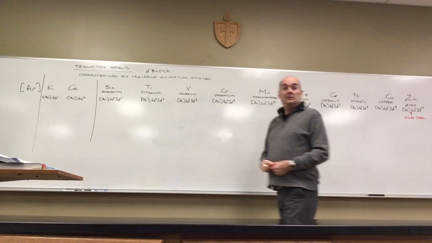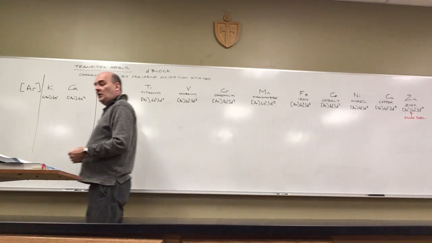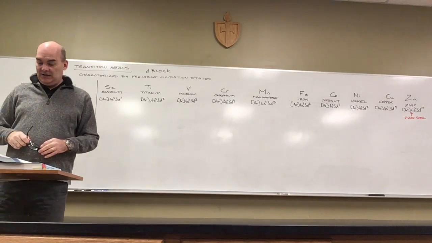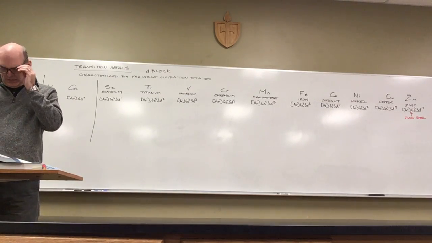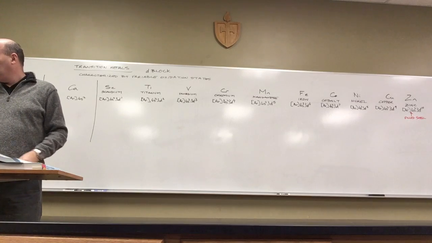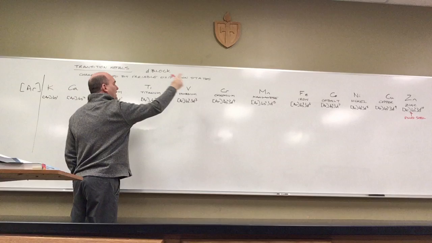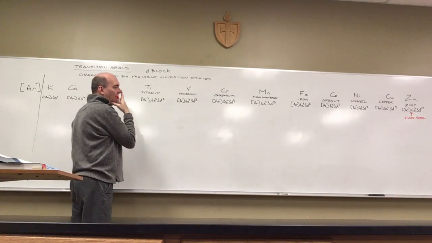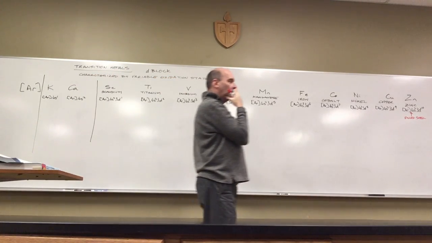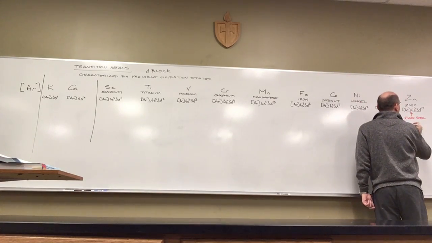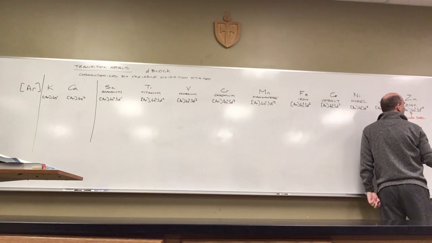Zinc has a filled shell. Because it has a filled shell, it is not going to play the same way as everything does here. It has really only an available oxidation state of +2.